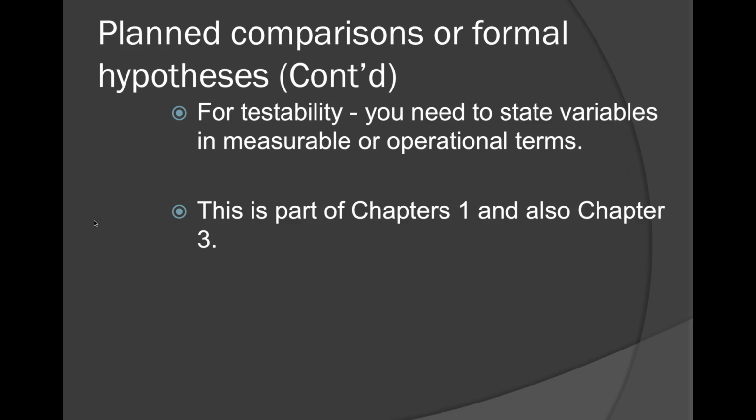So remember that for testability, when you have a hypothesis, you need to state the variables in measurable or operational terms, as we discussed. For example, positive effect is not clear. You can't say, I'm going to do this and we'll have a positive effect. You need to say, it will improve X. This will change.